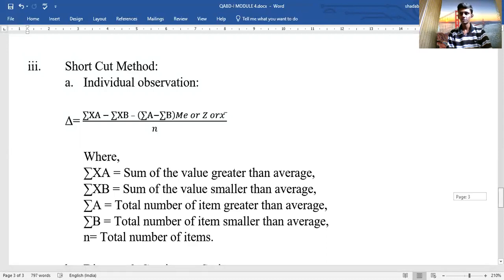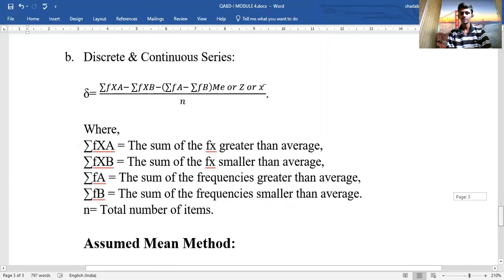This is for individual observation. For discrete and continuous series, we have this formula.